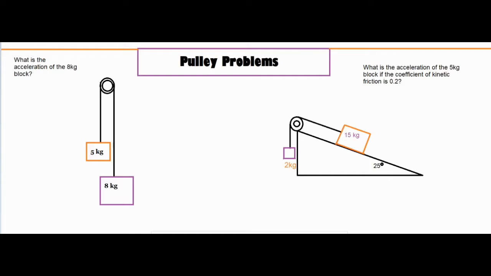All right, so the first way to start off the problem solving process with these is to always draw your force diagram first. So I'm going to go ahead and do that and then proceed from there.